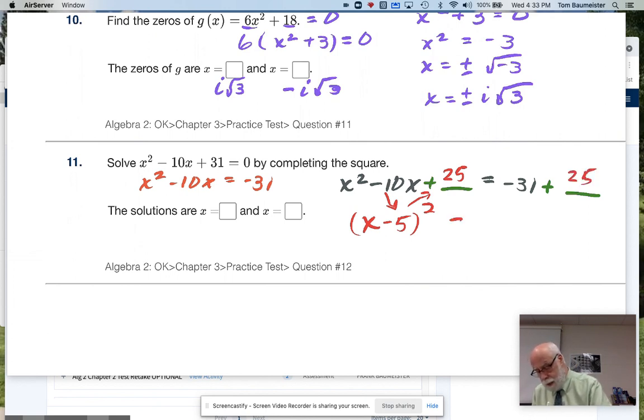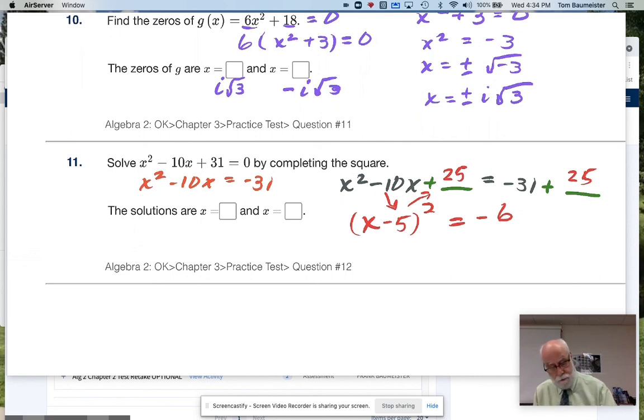So on this side here, this side is now simplified. That became this. On this side here, when I simplify that, that will give me -6. Okay, so now we're doing what we just have been doing.